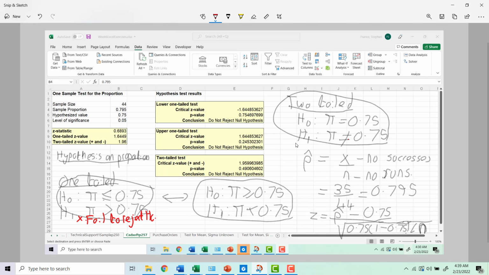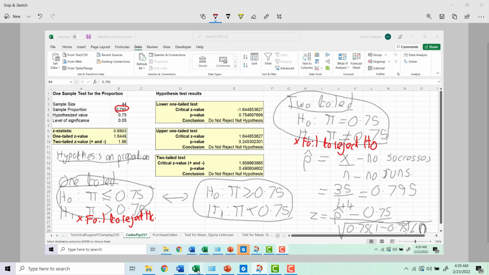And for the two-tailed test, again, we'll put a little cross and fail to reject H0. So we've not got enough evidence that this value is far enough away from 0.75 to say the population value is definitely greater than 0.75. It's a little bit more, but it's not a lot more.